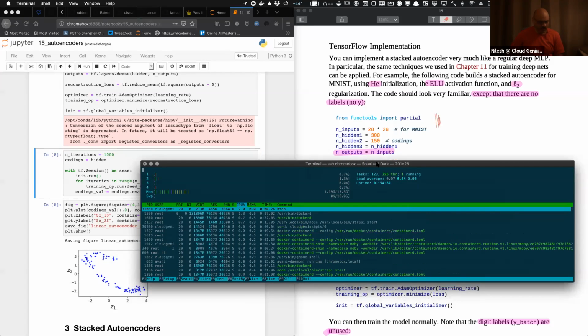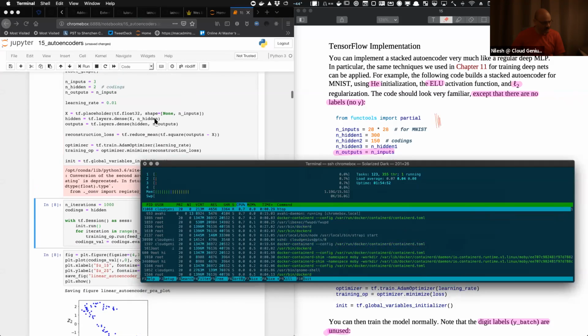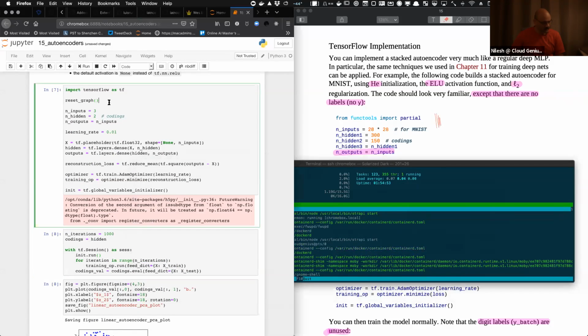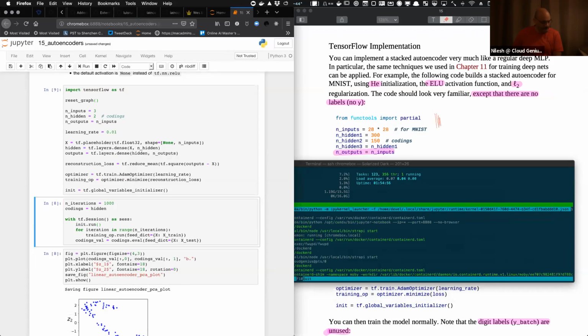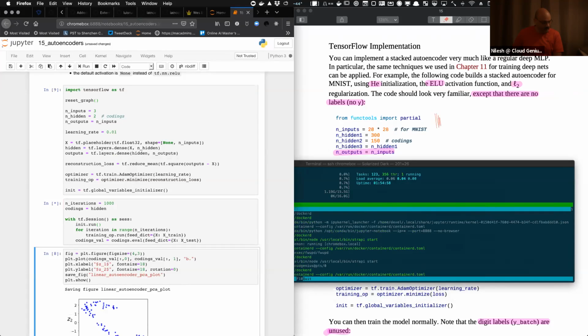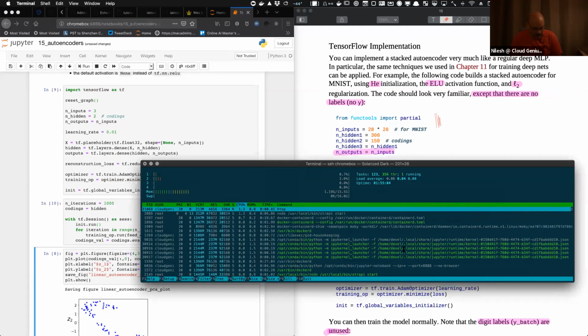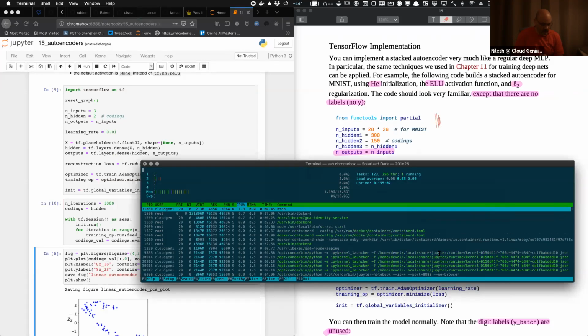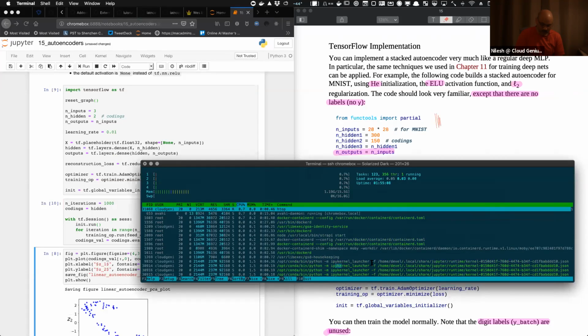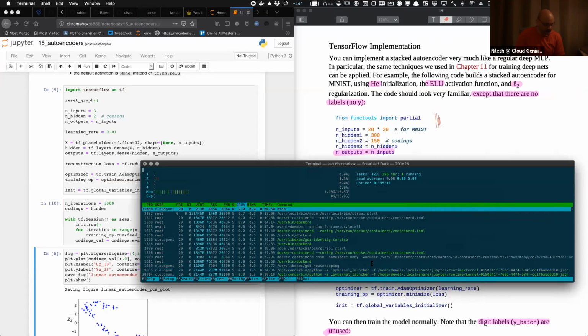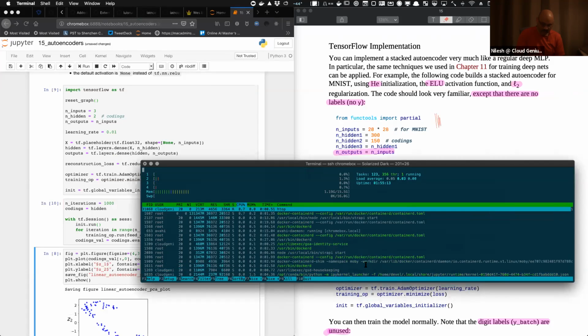Let's do it one more time. So we'll import TensorFlow again and do the iteration one more time. And now it is running. You can see the runtime kernel running, and these things are running here. That should finish, and it looks like it finished.